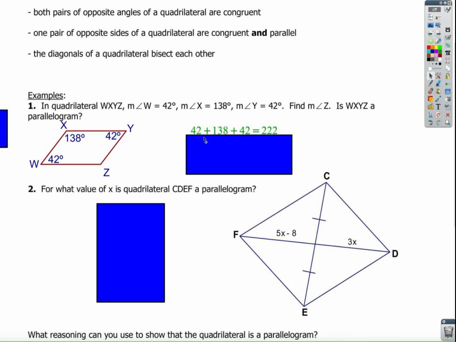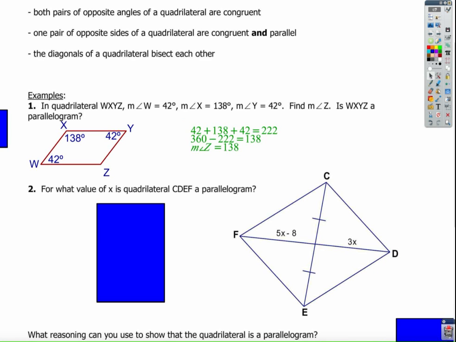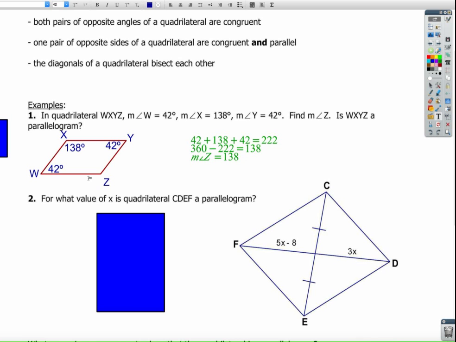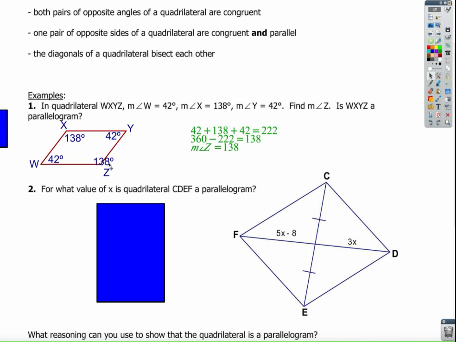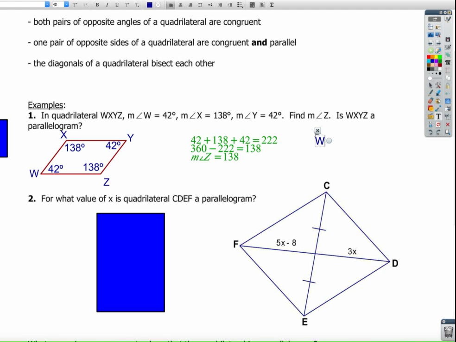The angles I have add up to 222 degrees. Taking 360 degrees and subtracting those 222, I'm left with 138. That means that the fourth angle here is 138 degrees, which means that I now have two pairs of opposite angles congruent. So therefore, WXYZ is a parallelogram.